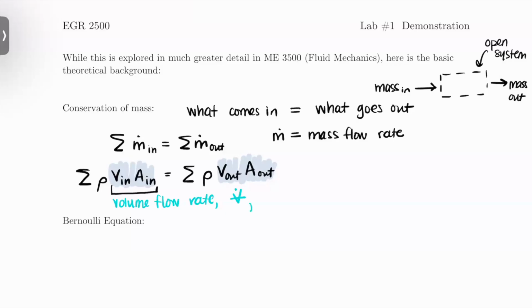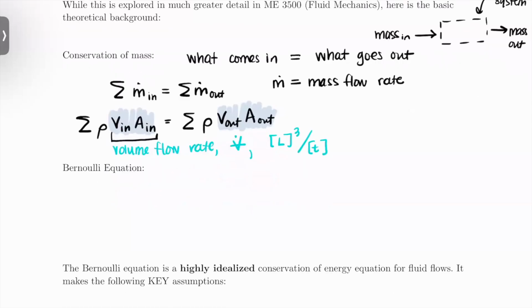And it has units of length cubed per time. All right, so hence volume flow rate, volume per time. Does that make sense? Okay, cool. All right, so this is our conservation of mass equation.